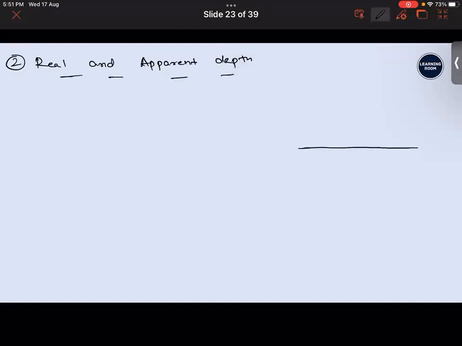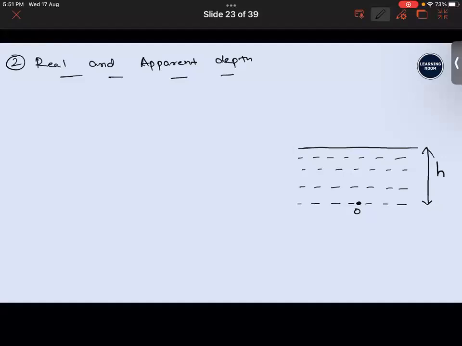So when you have a boundary like this, let's say there is a denser medium in which there is a luminous object which is placed. Now, let's say the object is placed at a depth h. So depth is when you measure the distance from the surface. So this is called as real depth. Okay. Suppose your eye is here.